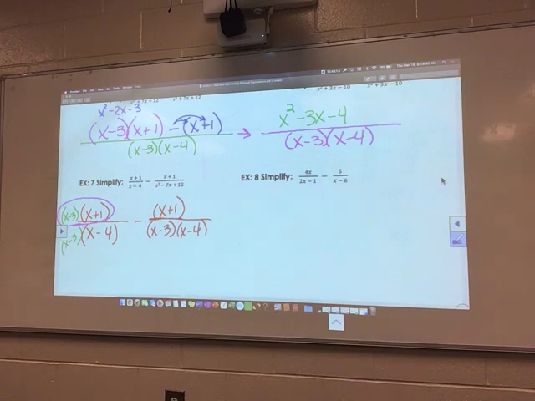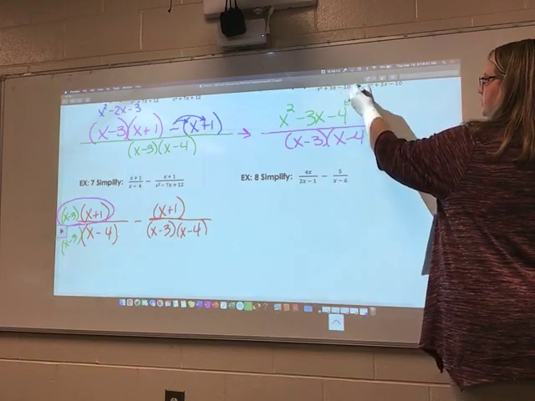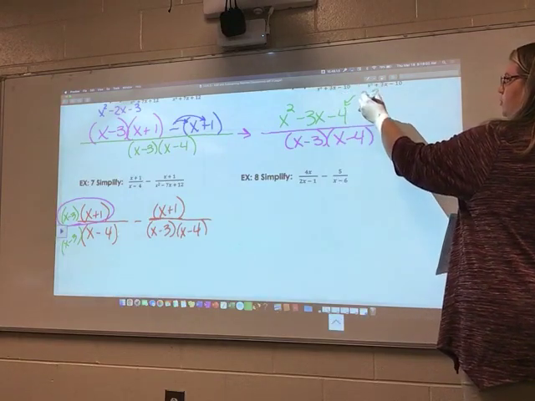I'm almost done. We've got to factor the negative 4. I've got 2 and 2, and 1 and 4. Does any of those combinations give me a 3 when I factor the 4? So 2 and 2, and 4 and 1.